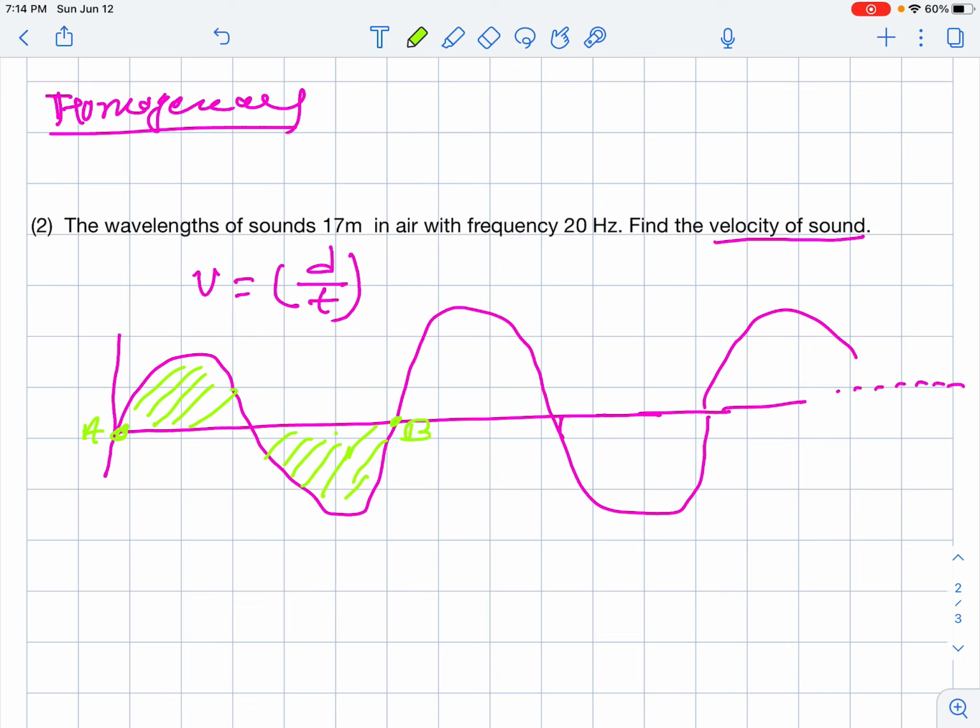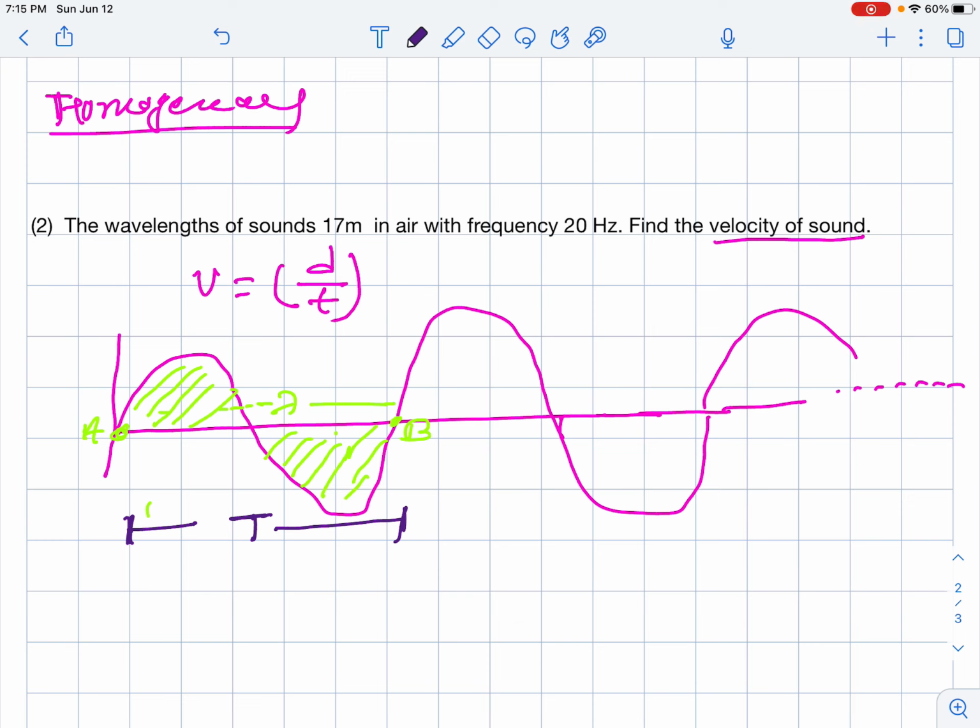The distance it travels in one cycle is called the wavelength, and the time it takes to travel one cycle is called the time period.